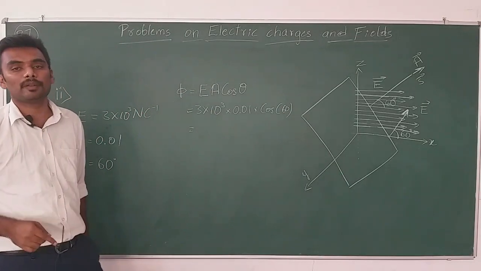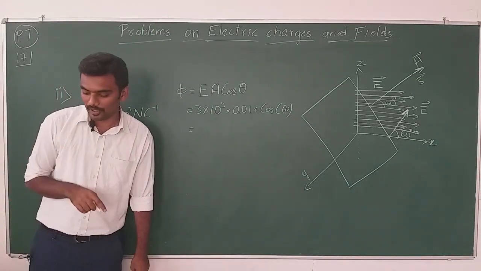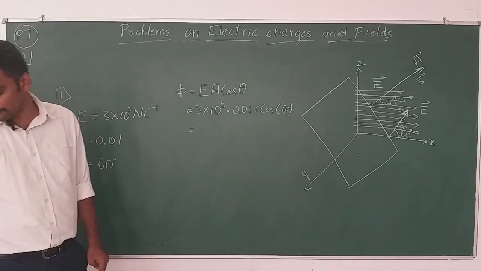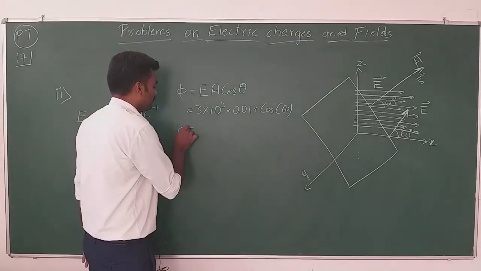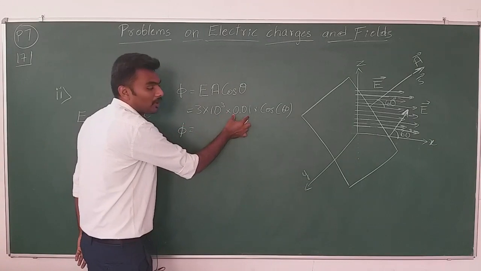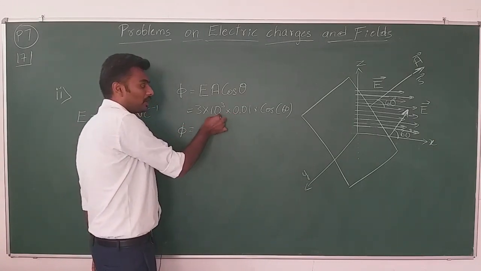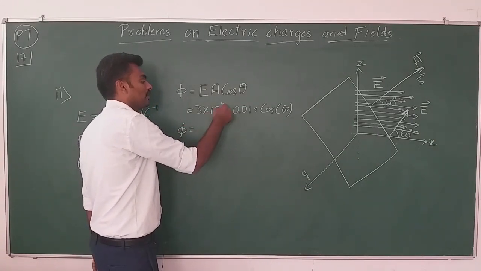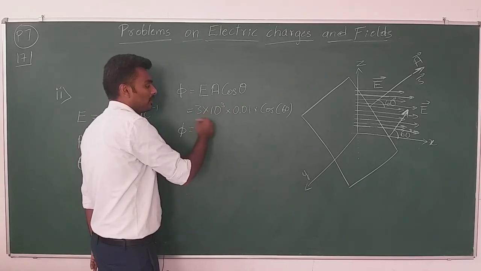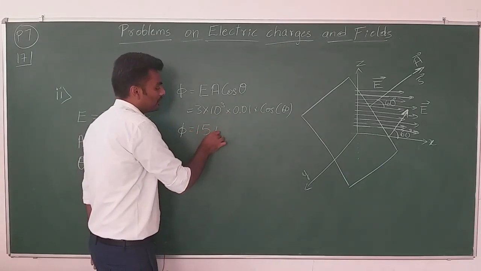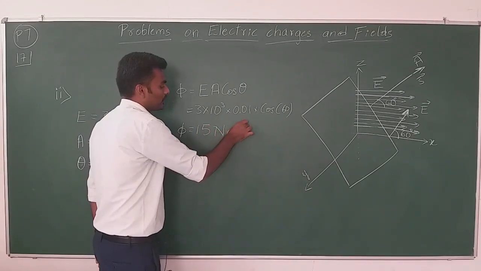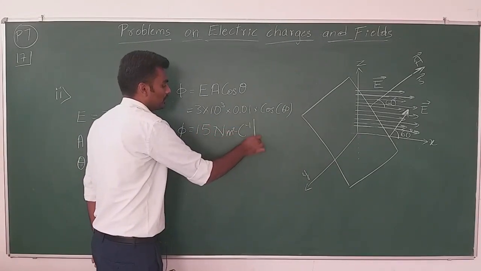Cos 60 is 1 by 2, right? So make use of that and simplify. This is 10 power minus 2 plus 1 remains out of these two, so 30 it will be. 30 into half, which is 15 Newton meter squared per Coulomb.